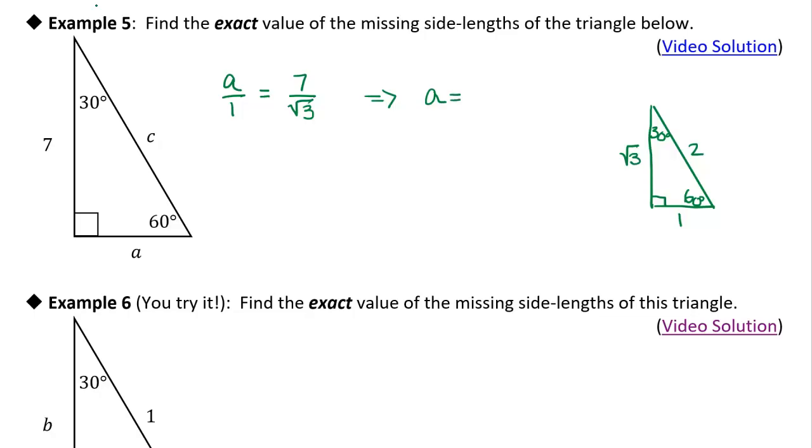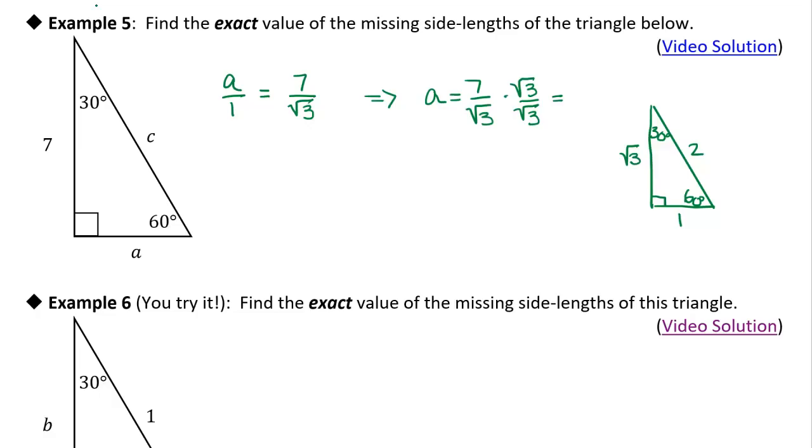So this is just going to be 7 over the square root of 3. Again, you could rationalize the denominator, because the square root of 3 is an irrational number. To do that, we multiply by square root 3 over square root 3, because that's just 1, so it doesn't change the value of the fraction and creates an equivalent fraction.